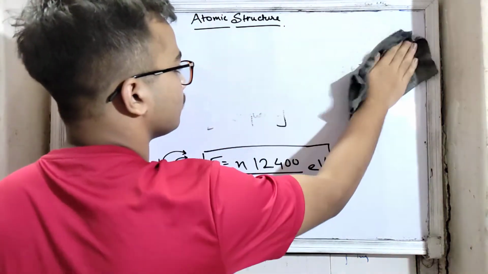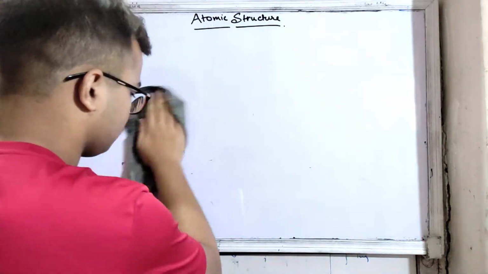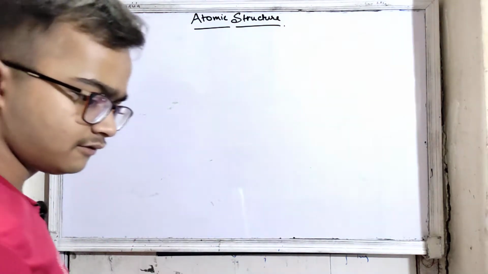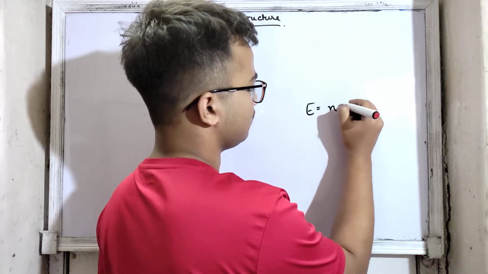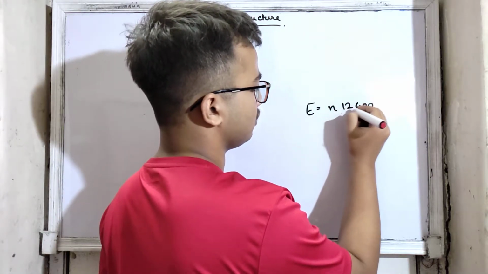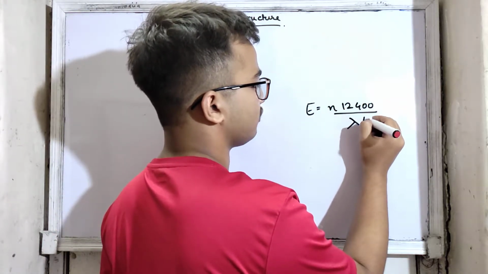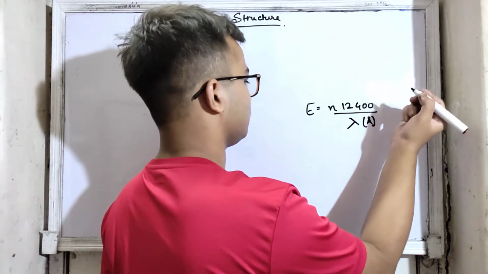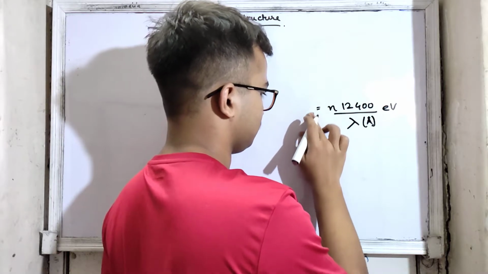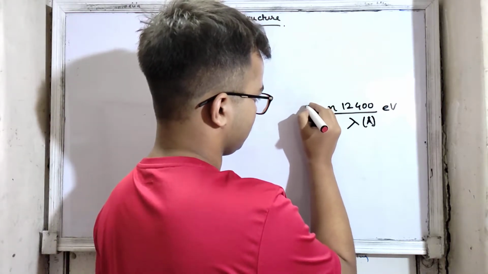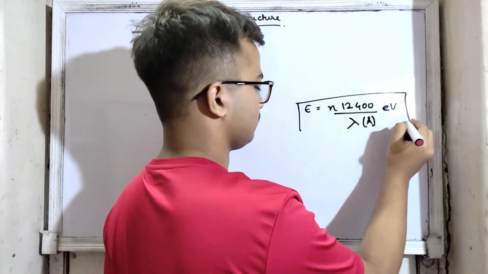So what was my formula? My formula was E equal to n into 12400 by lambda in angstrom, and this was in electron volt. So this is my formula which is going to come to use just now. I am keeping this for the sake of convenience.